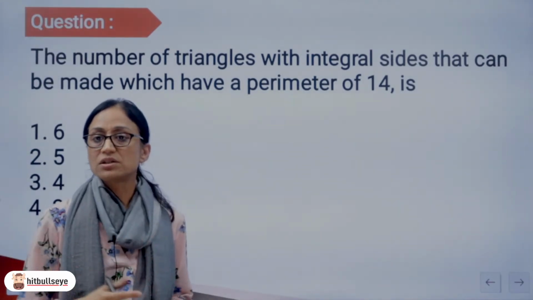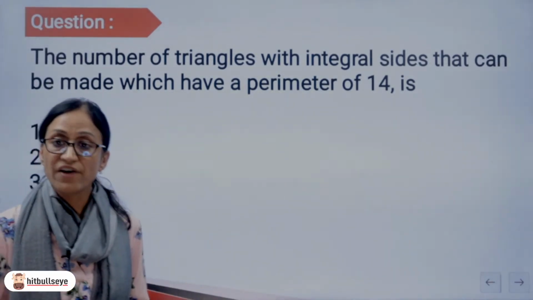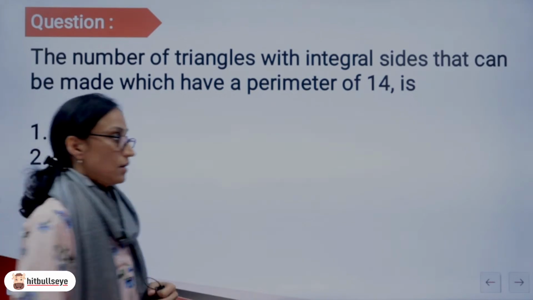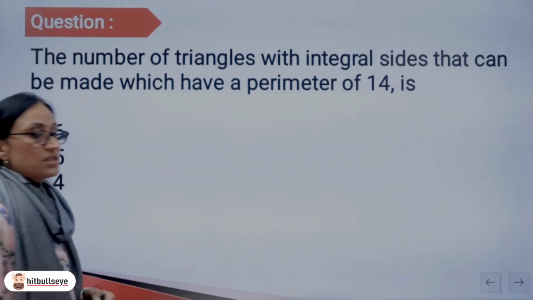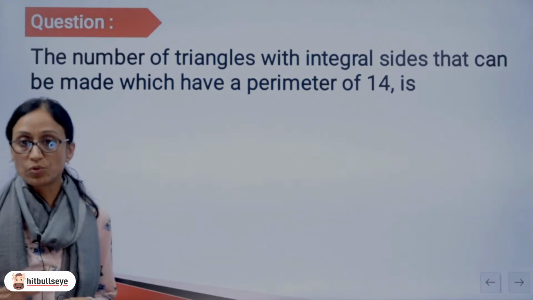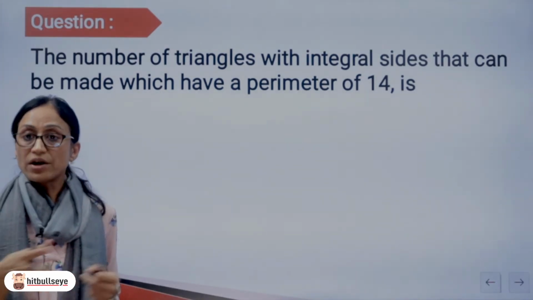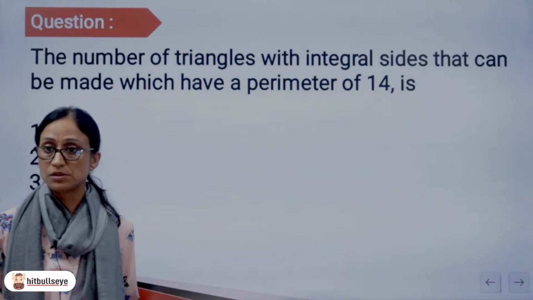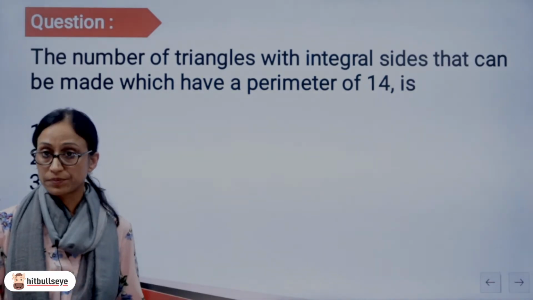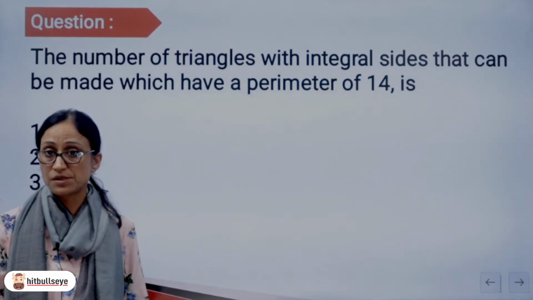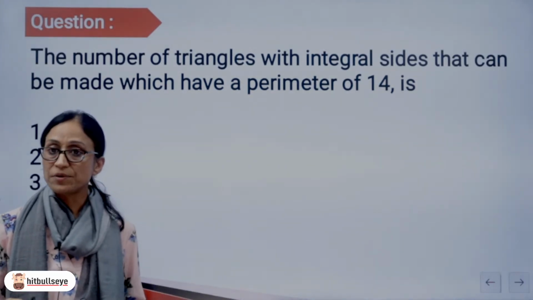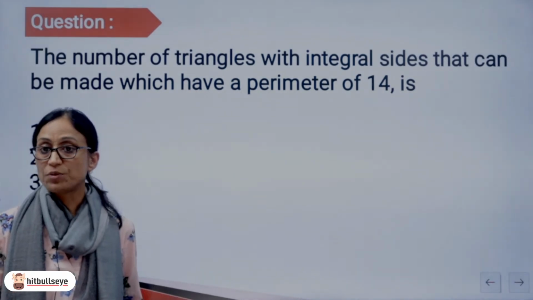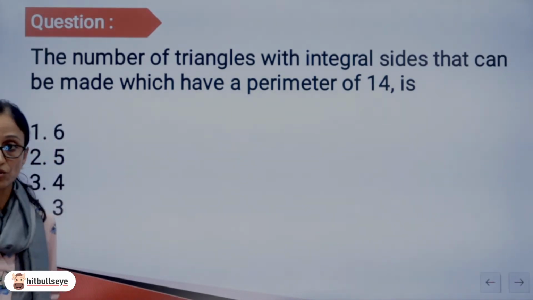But here, the question isn't talking about the 3 dimensions. In fact, the question is only talking about the perimeter of the triangle, which means whatever the 3 sides of this triangle are, their sum is known to me. All right. So the majority of people think that whenever it comes to questions based on a triangle, that how many triangles are possible, it is always something to do with the property which I just talked about, that the sum of any 2 sides has to be greater than the third side, coming into the picture.